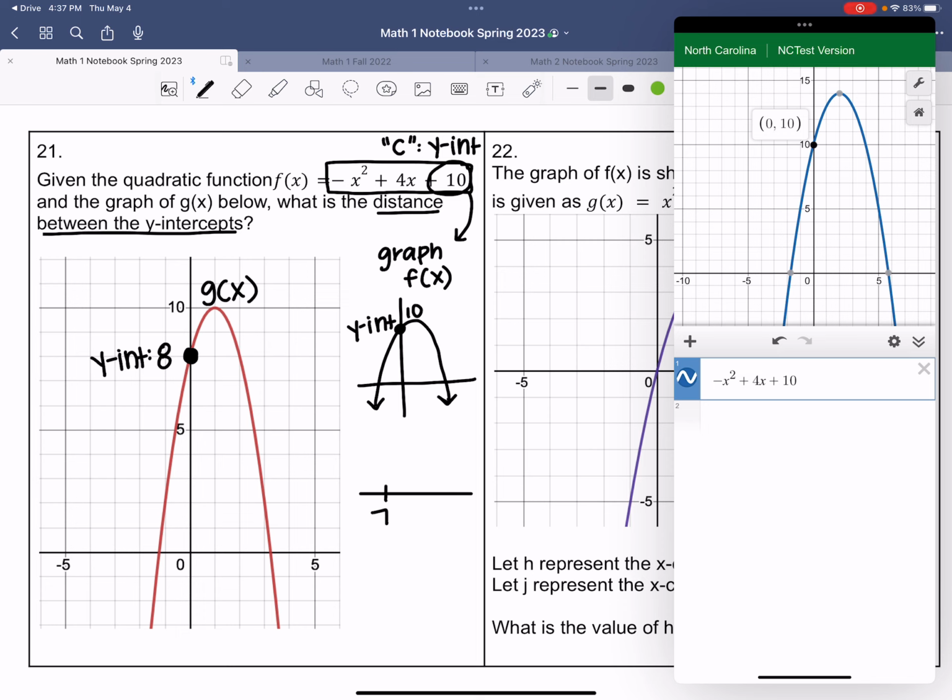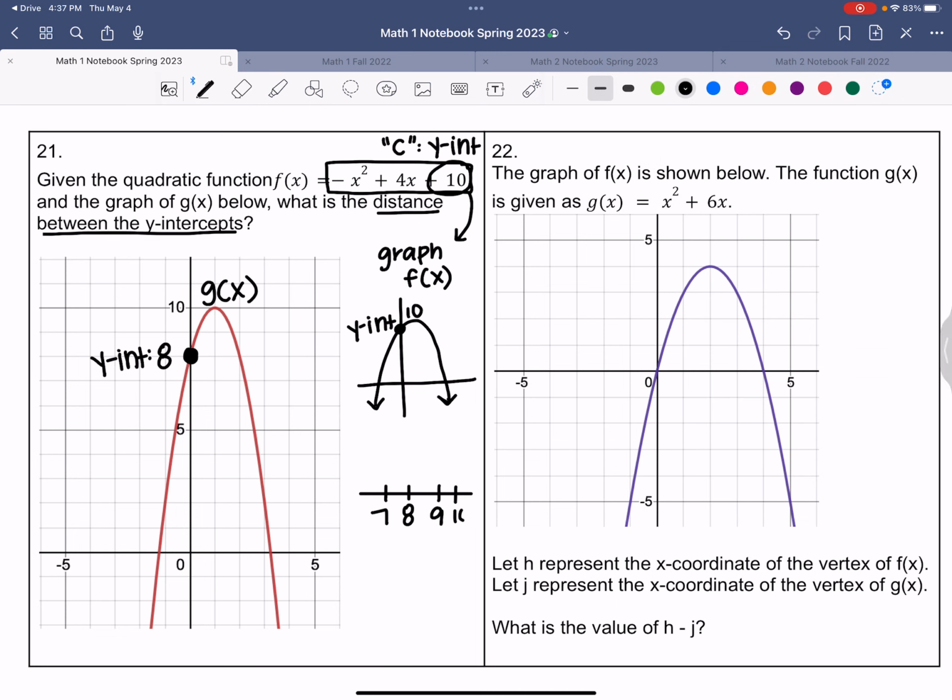You have 7, 8, 9, 10. If you have one item at 8 and one thing at 10, how many units is that? That's 1, 2. So that's a total of 2 units. So the distance is 2. All you would need to type in on your test is 2.